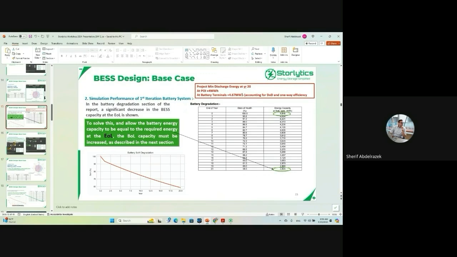I'll have additional about 5% losses one way to the point of interconnect. So that will get me to the 4 megawatt hours. So it's a bit of an iterative process because your losses depend on your dispatch, right? And the way you dispatch depends on your losses in a way, because of state of charge steering, for example.